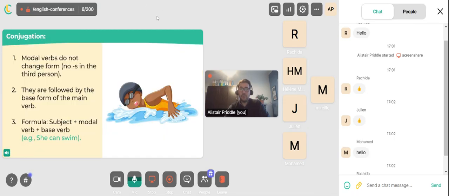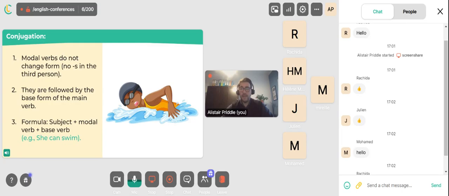Well, let's think about conjugation. Wow. Modal verbs do not change form. There is no conjugation. For example, there's no S in the third person. We don't conjugate them in a verb tense. Number 2, they are followed by the base form of the main verb, or the bare infinitive.